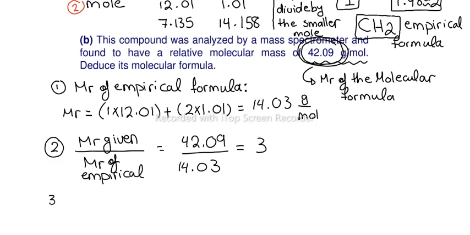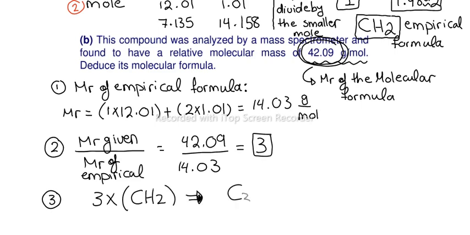Now the last step, you're going to take the number that you obtained in step number 3, and multiply it by the empirical formula. So it will be, as a final answer, 3 carbons and 6 hydrogens. This final answer is the molecular formula of the compound.